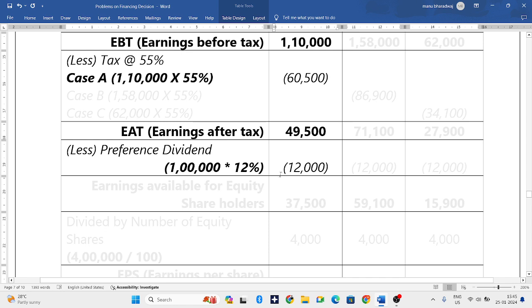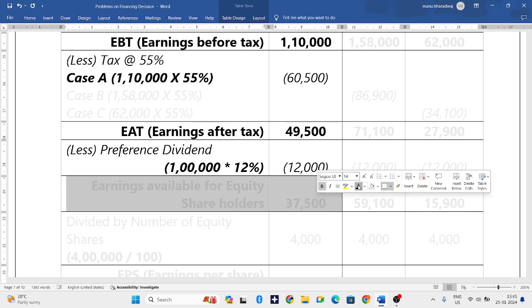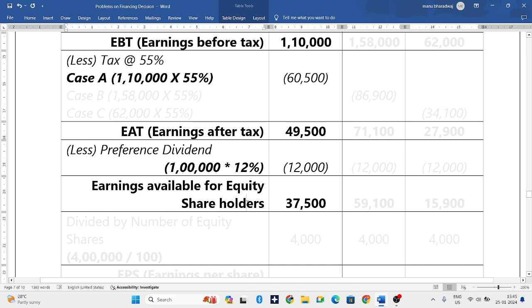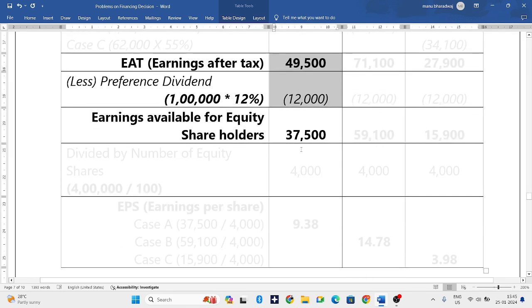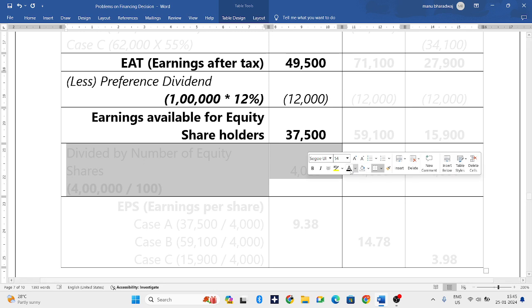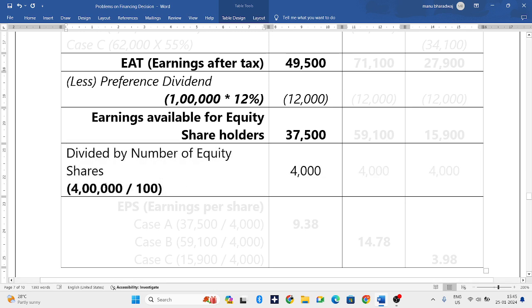So from EAT, earnings after tax, if we reduce preference dividend, we will get earnings available for equity shareholders. The difference between these two is 37,500.